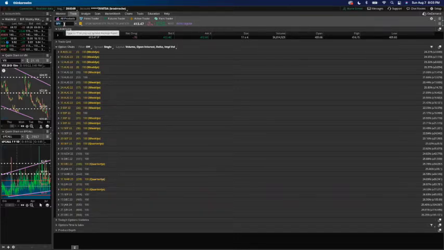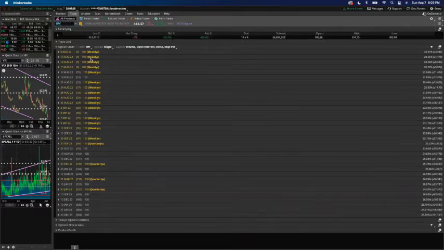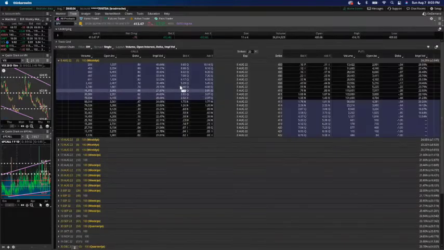But if you go to Apple, they only have expirations every Friday. People typically trade SPY, QQQ, IWM more, and that's why they have more expirations. That's how expirations work. This is when the options expire.